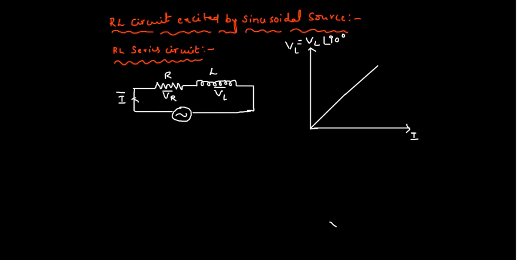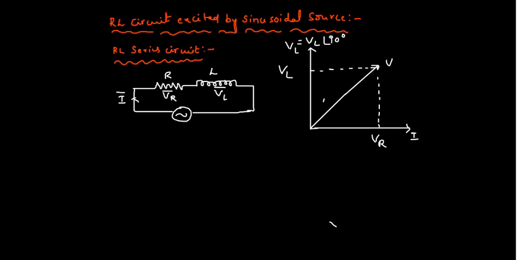This is the resultant V. Now from this one I can draw one line. This is my VR, and this line is my VL, at an angle of 90 degrees.